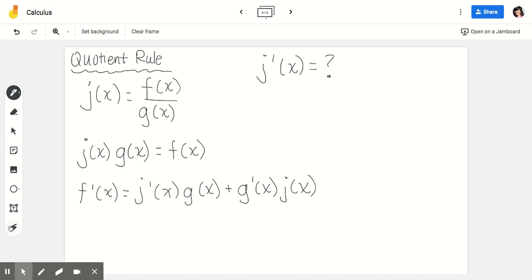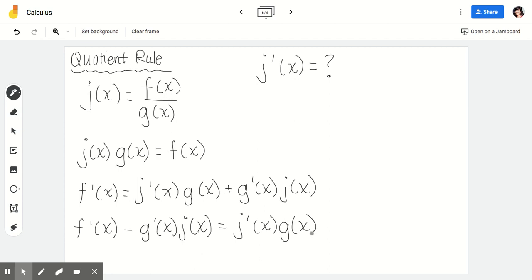I have two terms here. If I subtract this term from both sides and then divide, I can get j prime of x all by itself. So I'll do f prime of x minus g prime of x times j of x equals j prime of x times g of x. I'm saying prime instead of derivative because it's just faster.